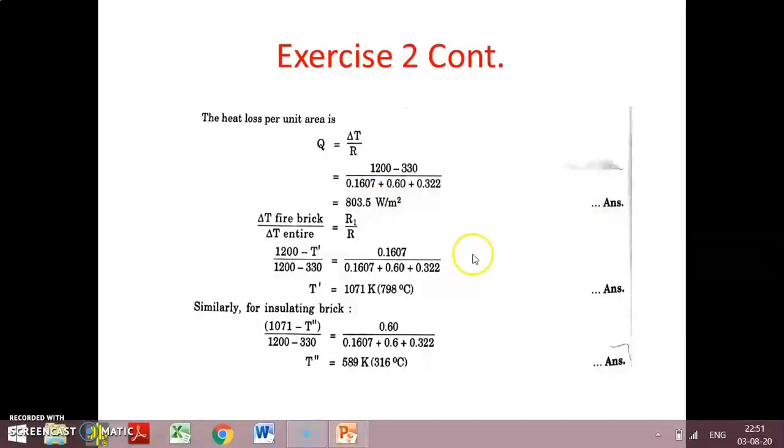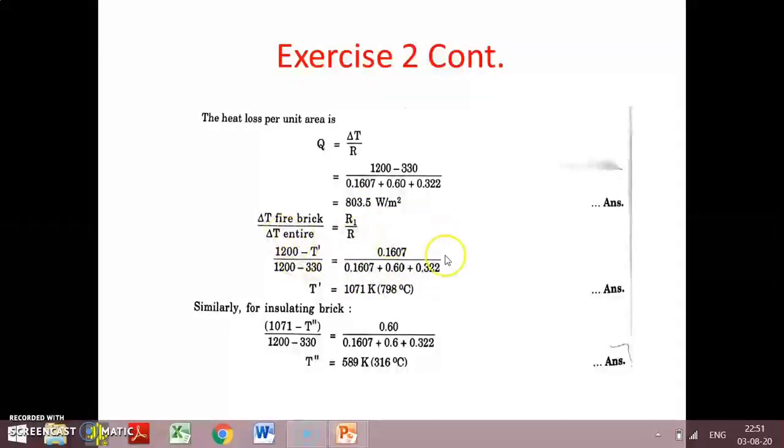Then for calculating the junction temperatures, we have to take the temperature ratios. So for the first junction, the temperature is T dash. We take the temperature difference across the fire brick over the entire delta T, which is equal to the resistance of the fire brick divided by the total resistance.